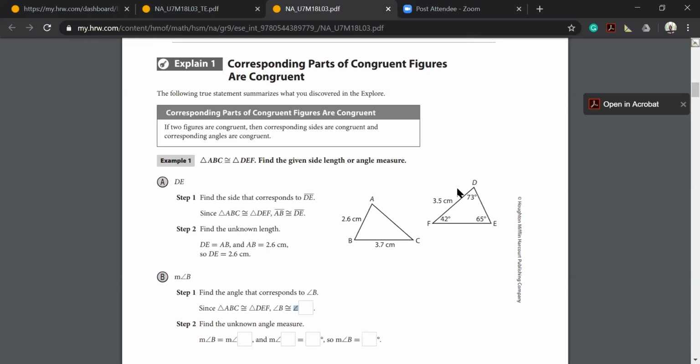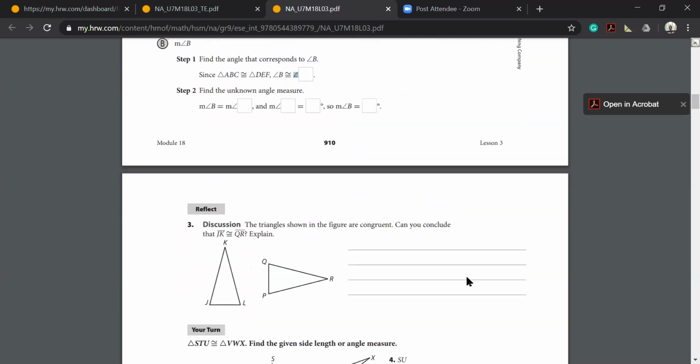If you are talking about an angle, you have to write the degree for me. 65 degree. This small circle here is called degree, and it's written up. So you have to write for me 65 degree, 73 degree, whatever degree. If it's a side length, you have to write centimeter. This is very, very, very important. Okay?